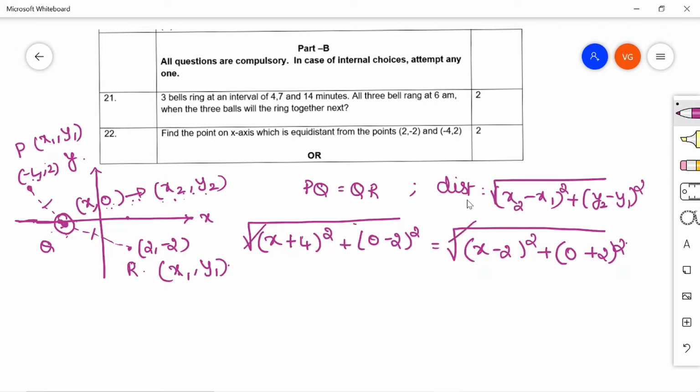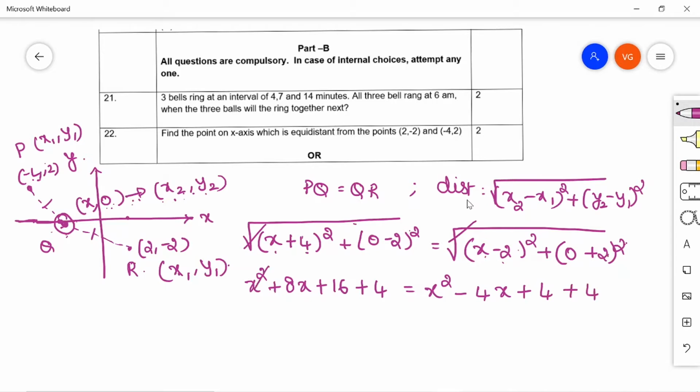So root will get cancelled on both sides. This is of the form (a plus b) whole square. So I am expanding: x square plus 8x plus 16 plus (-2) whole square is 4, is equal to this side. This is of the form (a minus b) whole square. Again write it, x square minus 4x plus 4 plus 2 square is 4.